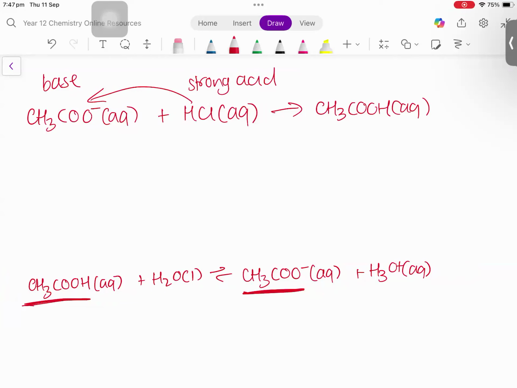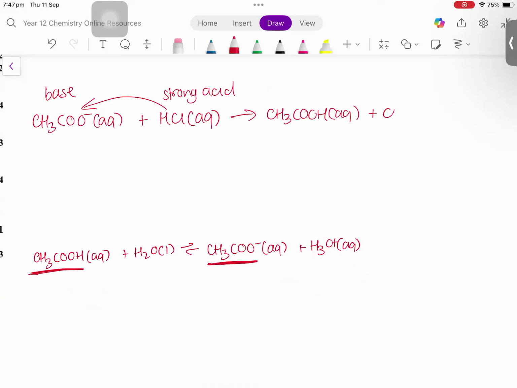With normal neutralization reactions, acid plus base turns into salt plus water. This isn't a regular base though, there's no hydroxide here. So you're just going to use your Bronsted-Lowry definition. The acid gives away the hydrogen, the base takes it, and you end up with the leftover Cl minus on the right. There's no water here because it's not an Arrhenius base, there's no hydroxide. So I'm applying the Bronsted-Lowry definition.